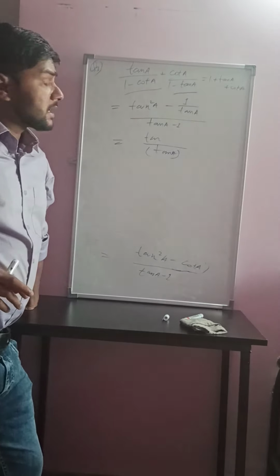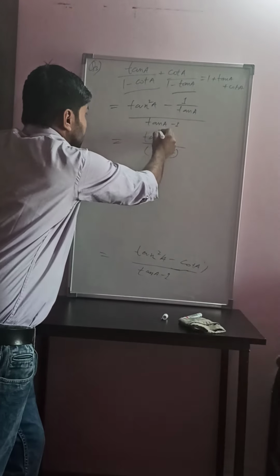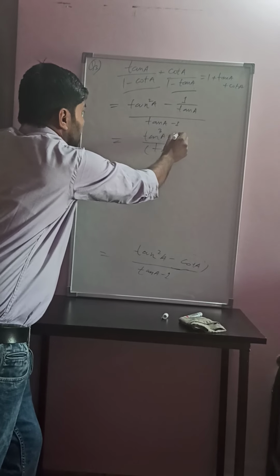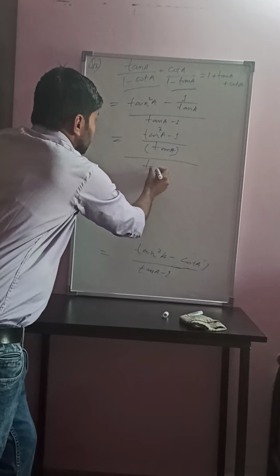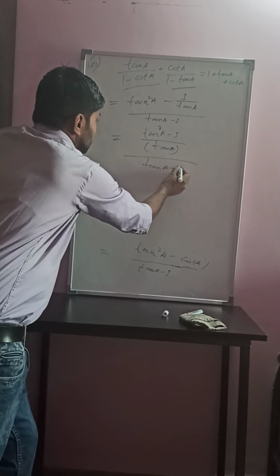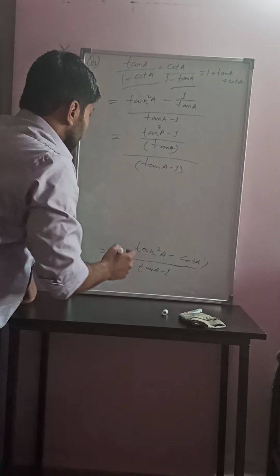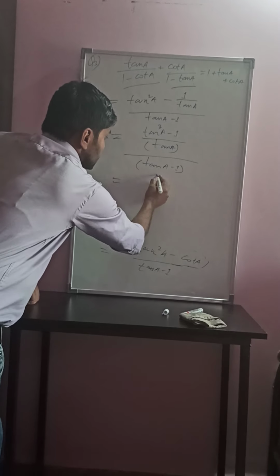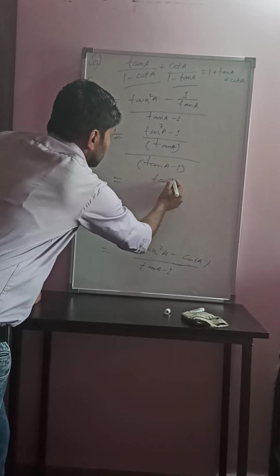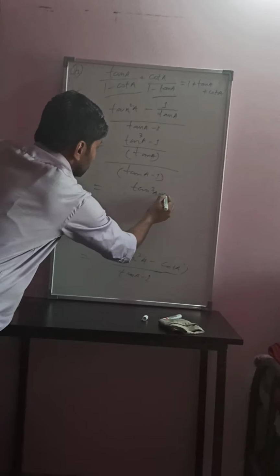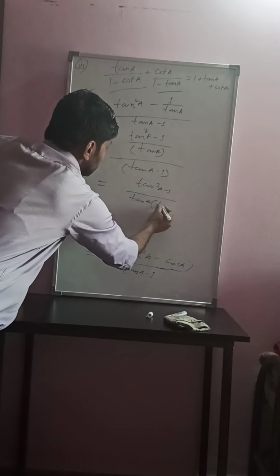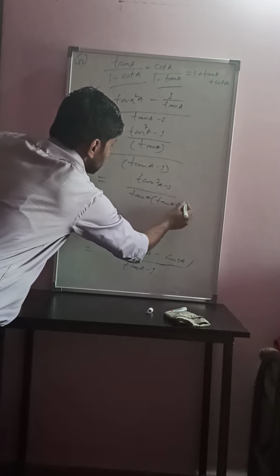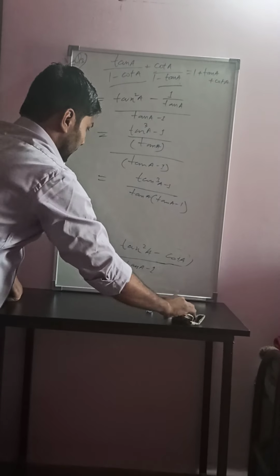It was already tan A square, so it will be tan cube A minus 1 over tan A minus 1. Now to make it simpler, we'll get tan cube A minus 1 divided by tan A into tan A minus 1.